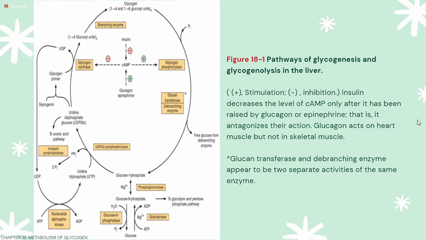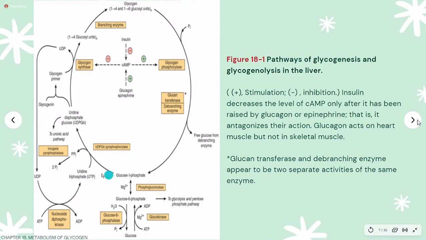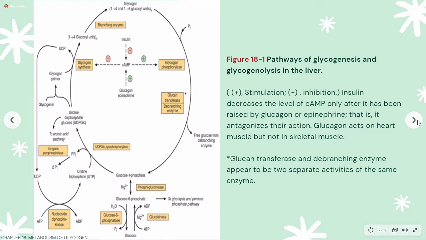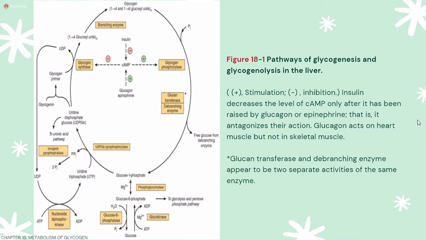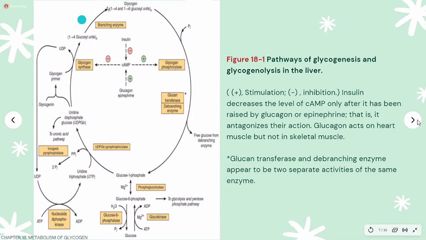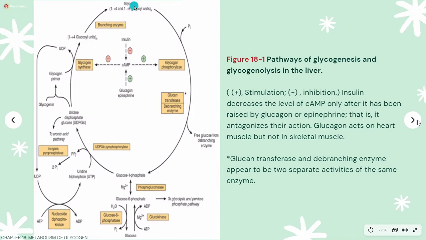When did we say that you will have to store glycogen? When you have plenty of glucose. When all your needs for fuel are already being met, then you start storing the glucose in form of glycogen.